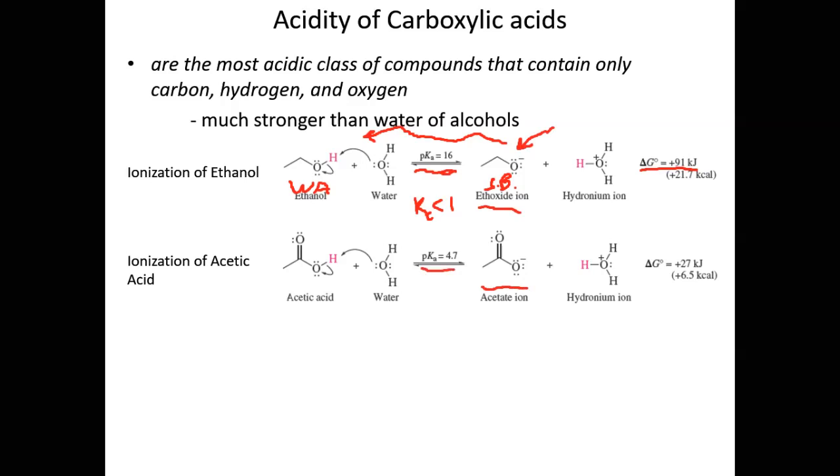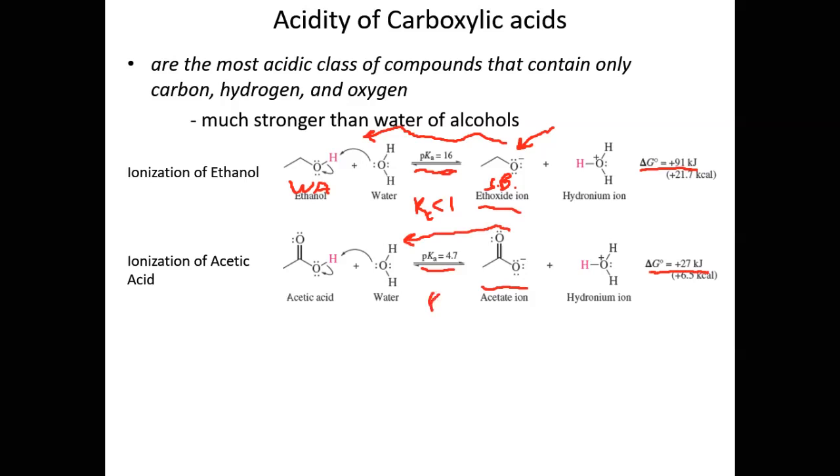So this is a weak acid, but it's still relatively strong compared to, for example, ethanol. It doesn't mind giving up its proton because the pKa is around 4.7 and the delta G is lower. But since delta G is still non-spontaneous, it prefers the Kc less than 1.